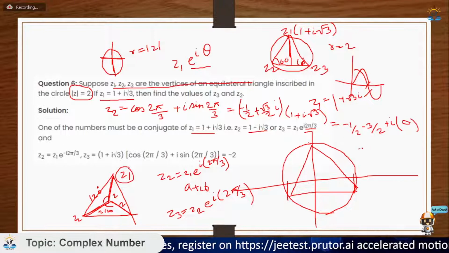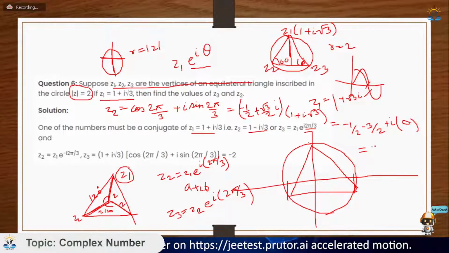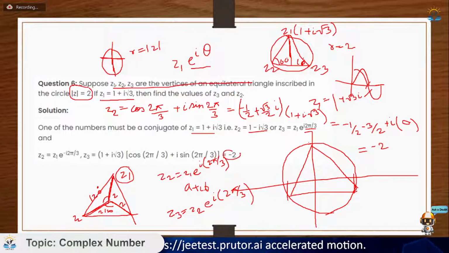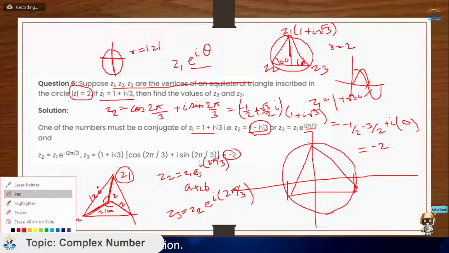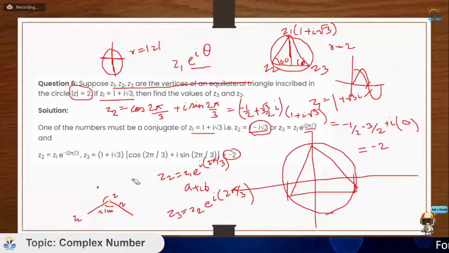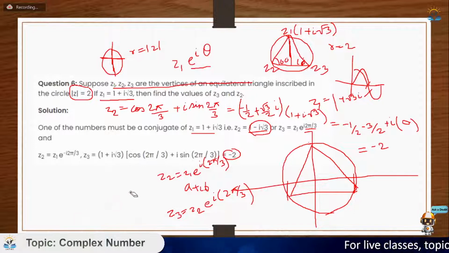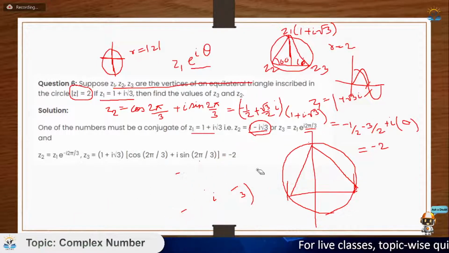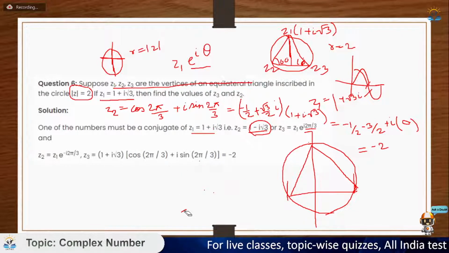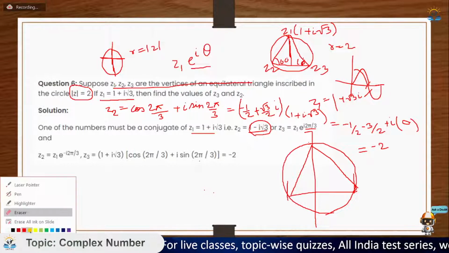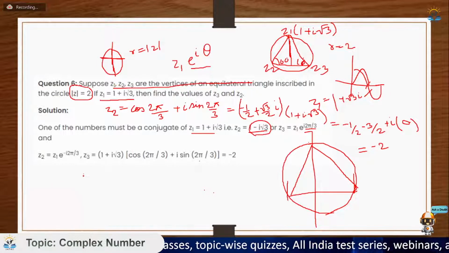So this is giving me minus half and minus 3 by 2, that is equal to minus 2. So z2 is minus 2, which is given here. And then when I multiply minus 2 by e power iota 2 pi by 3 again, I will get 1 minus iota root 3. So basically, if I redraw the diagram, it is something like this.